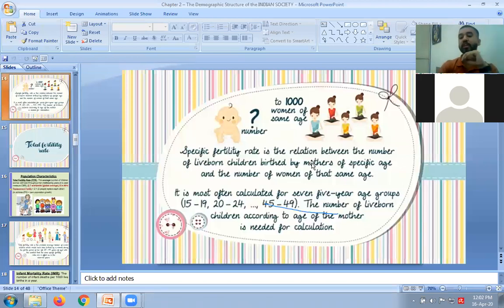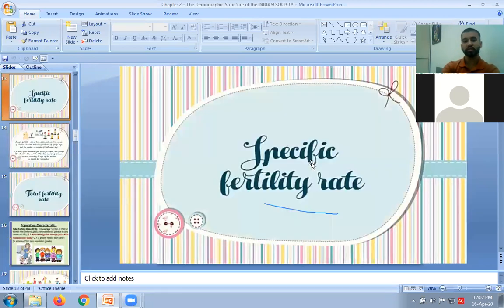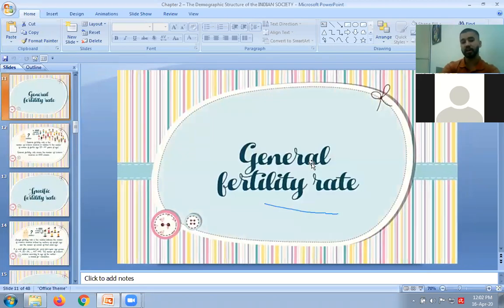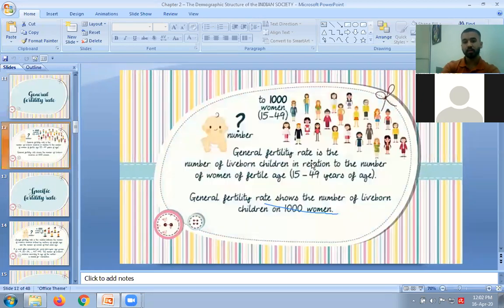But total fertility rate is always understood as the fertility of a woman. And I'm sure now you have understood general fertility rate, in which we include all the women who are around 15 to 49. I'm sure you have understood this as well.